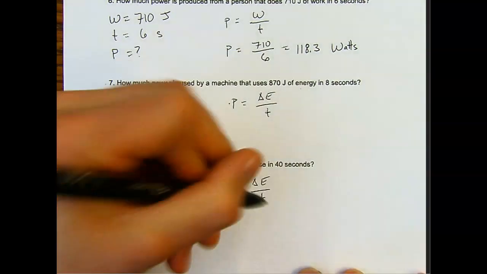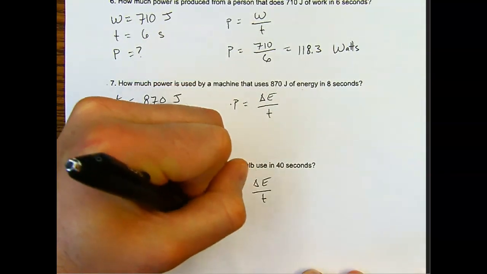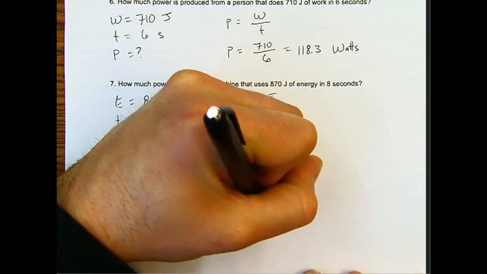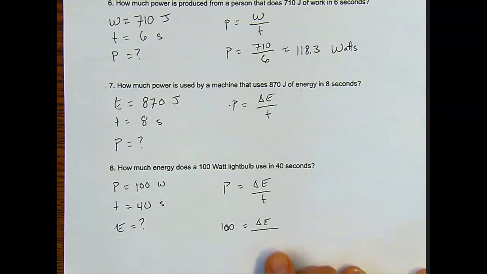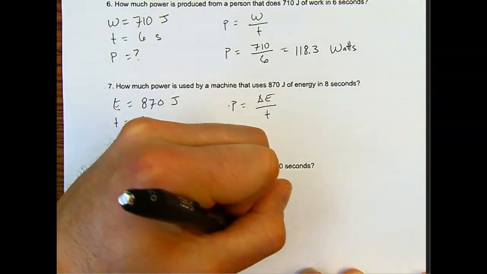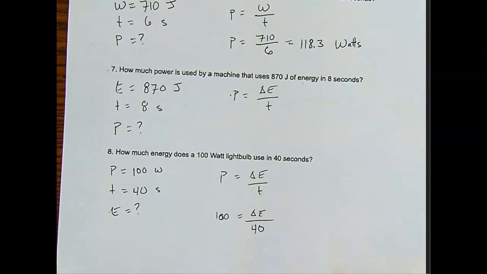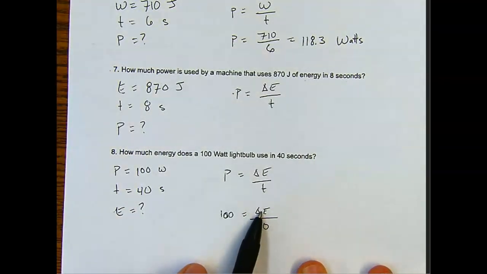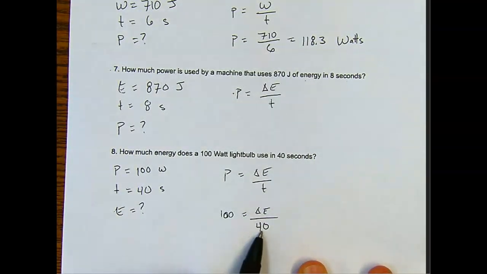Here are the numbers that we know. We know the power is 100. We don't know the change in energy, but we do know the time, which is 40. In a situation like this, if you're trying to find this variable and you have this denominator, we want to get rid of the denominator by multiplying both sides by it.